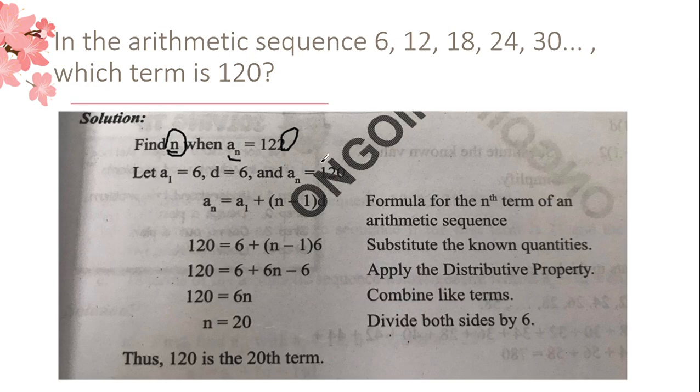So again, if our a sub n is equal to 120, we will have to find n. We let a sub 1 be equal to 6, since our first term is 6.